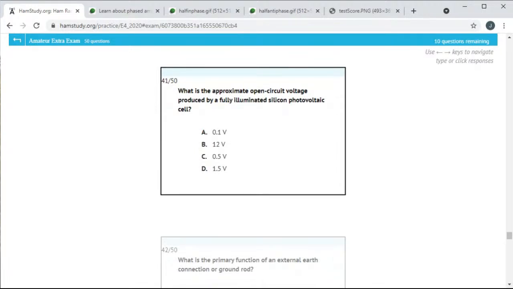What is the approximate open circuit voltage produced by a fully illuminated silicon photovoltaic cell? A, 0.1 volt. B, 12 volts. C, 0.5 volts. D, 1.5 volts.